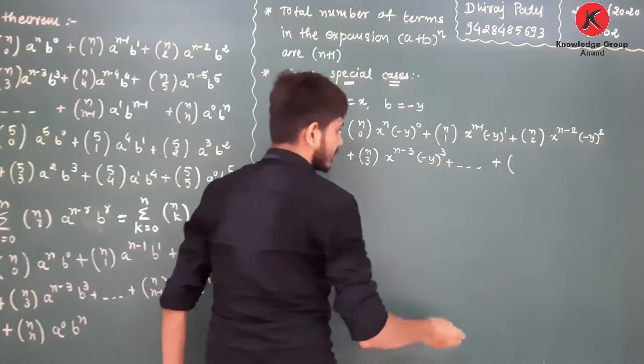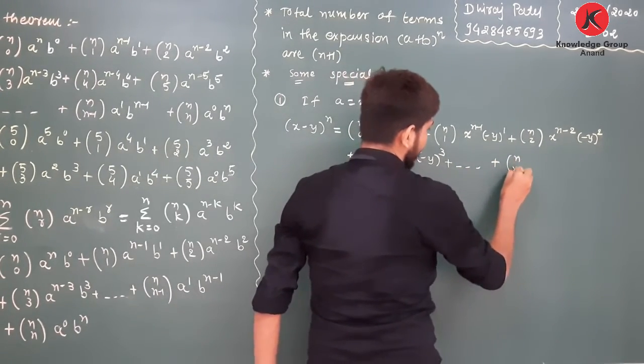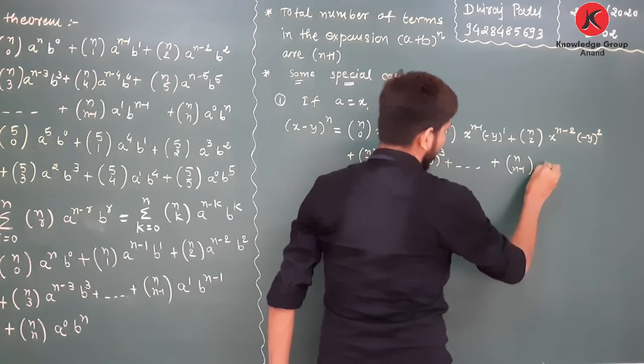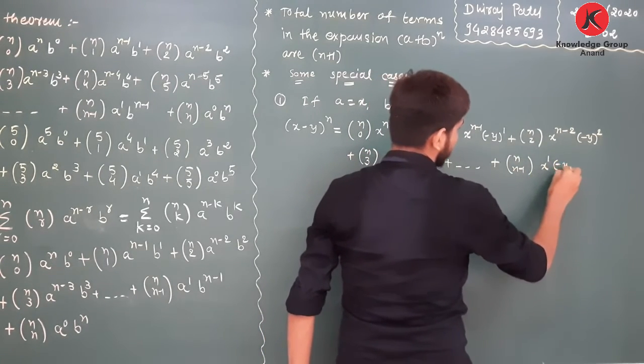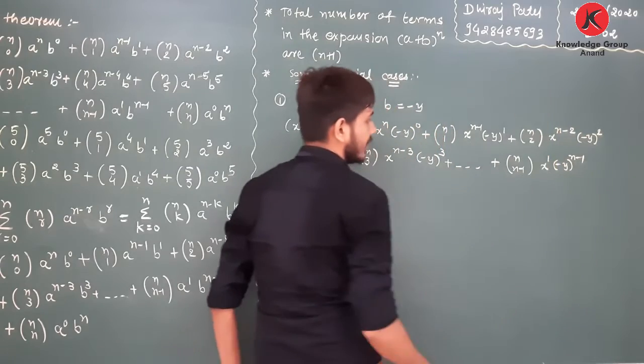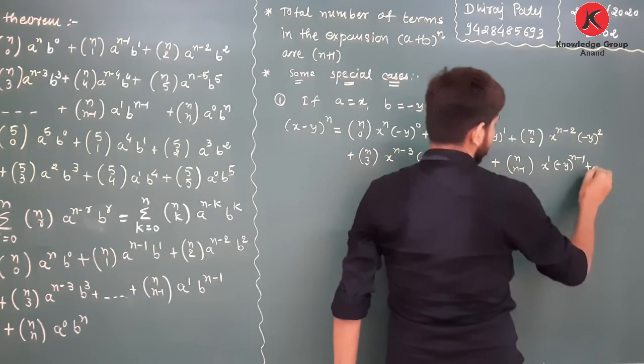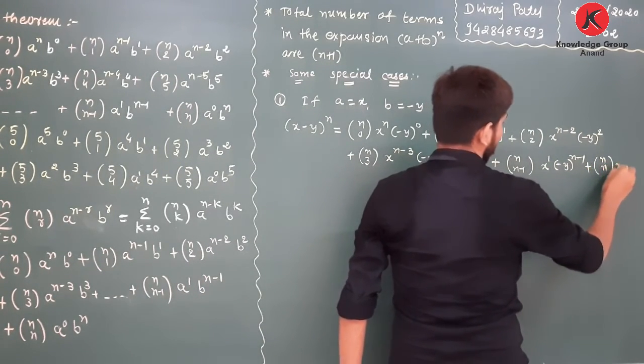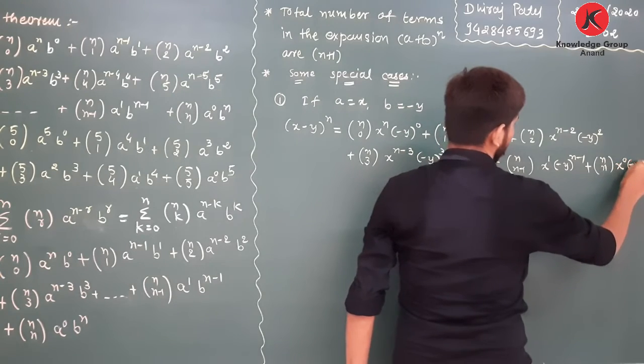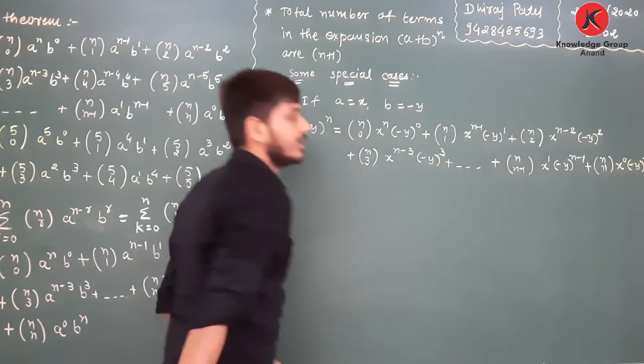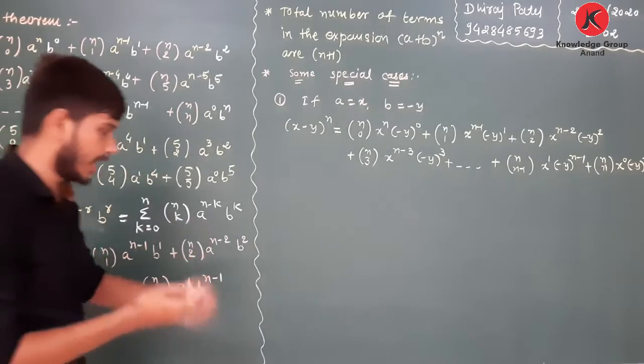So writing the second last term here: nC(n−1) x^1 (−y)^(n−1) plus nCn x^0 (−y)^n.